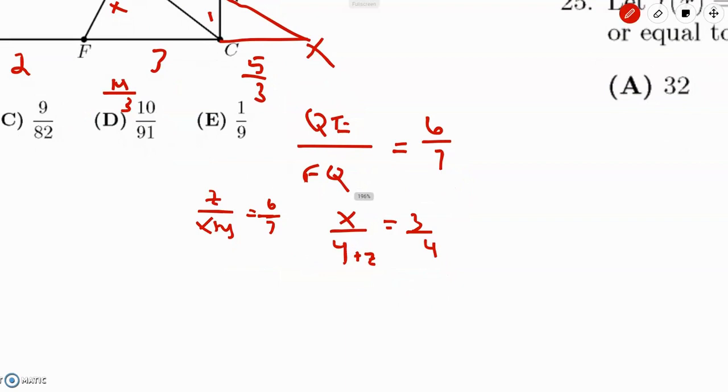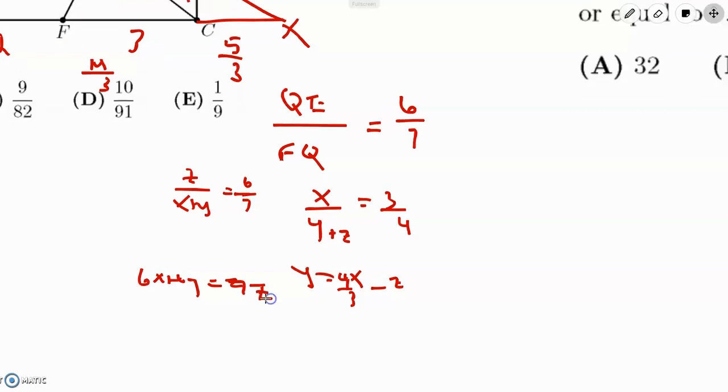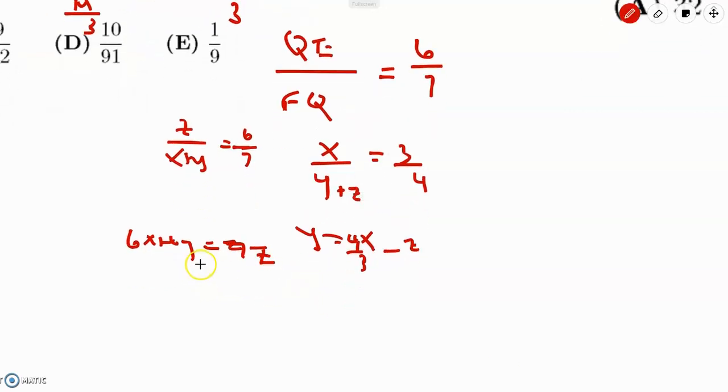And so if you want to solve these equations, you want to find everything in terms of Y. So this second equation gives you that Y is equal to 4X over 3 minus Z. If you plug this into the first equation, then you'll get that 6X plus 6Y equals 7Z. And you have Y is equal to 4X over 3 minus Z. So if you sub this in, you'll get 14X is equal to 13Z.